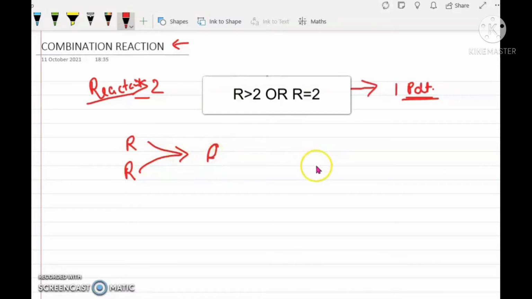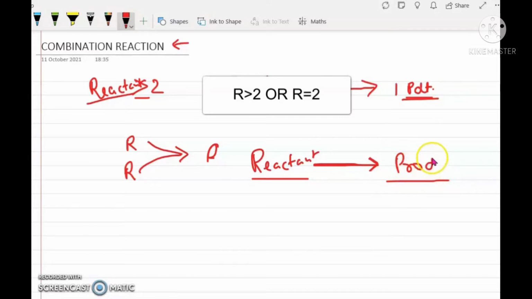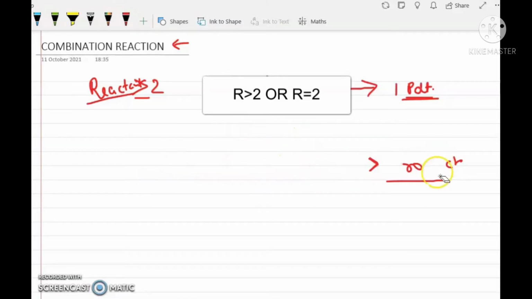How do you identify easily which is a reactant and which is a product? The substances written on the left hand side of the arrow are referred to as the reactants, and the substances written on the right hand side of the arrow are referred to as the products.